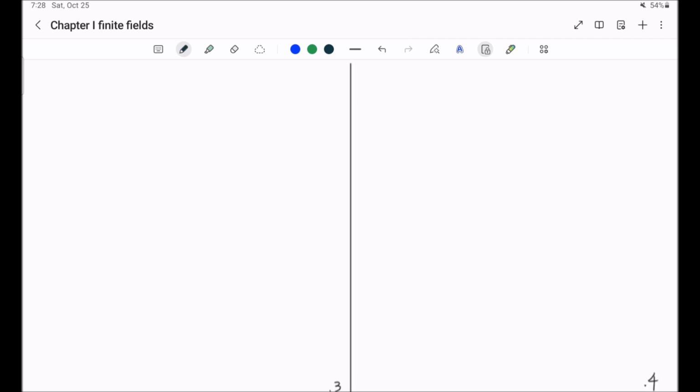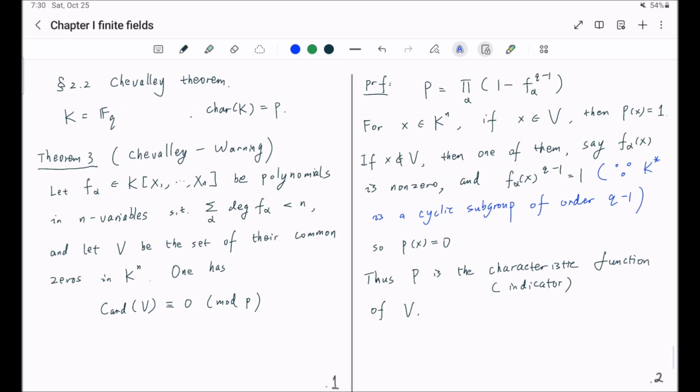For every polynomial f in n variables over K, we put S of f as a sum of evaluations of f at points of K^n. K is a finite field, and this sum is a finite sum.